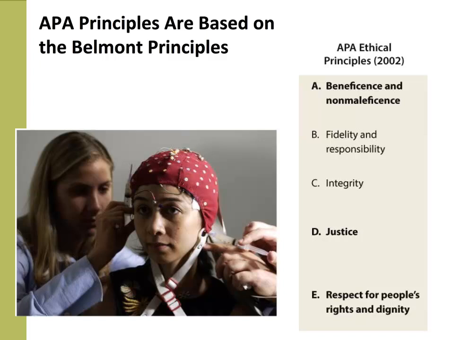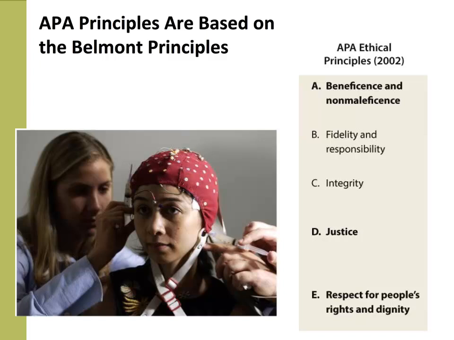But the APA does more than just that, right? They also do quite a bit of lobbying work. Their offices are based in Washington, D.C., so they make frequent trips to Capitol Hill to lobby for different things. Sometimes they might be lobbying for more education and training grants so that we can pay people to go through school and become counselors, those kinds of things.